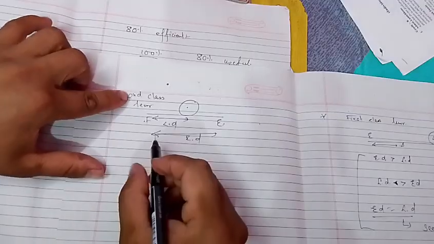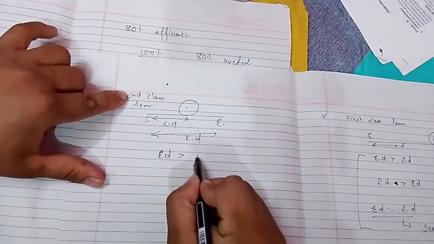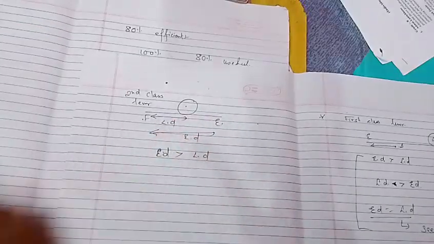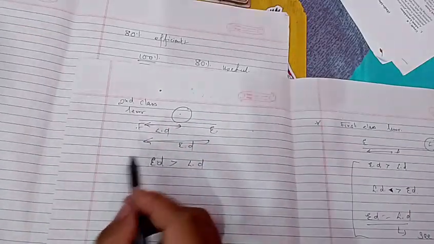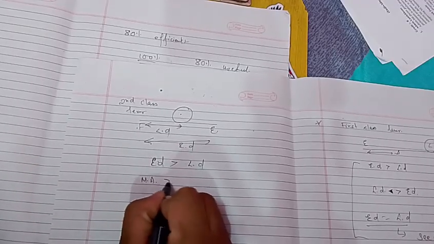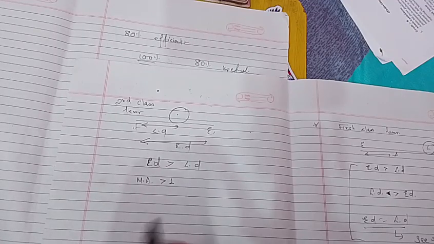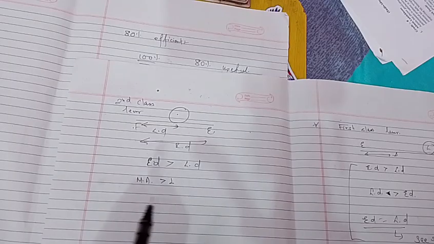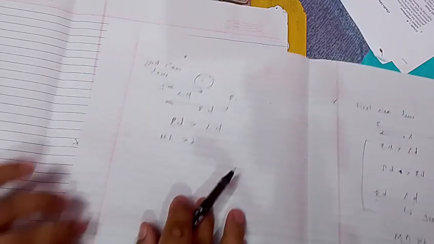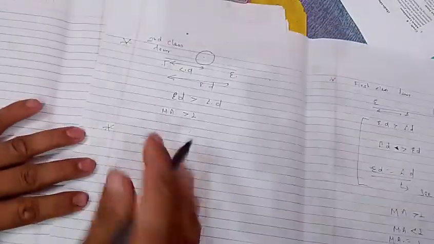In second class lever, effort distance is every time greater than load distance, it can never be, load distance can never be greater than effort distance. So here MA is always greater than 1. Examples of second class lever are wheelbarrow, nutcracker. These are the base examples that we can take for second class lever. So remember examples, okay? Example related questions, application questions might also come.